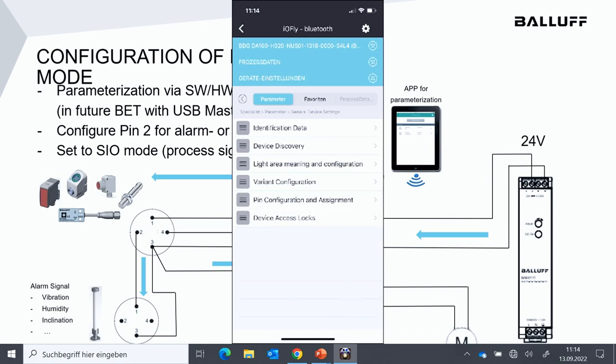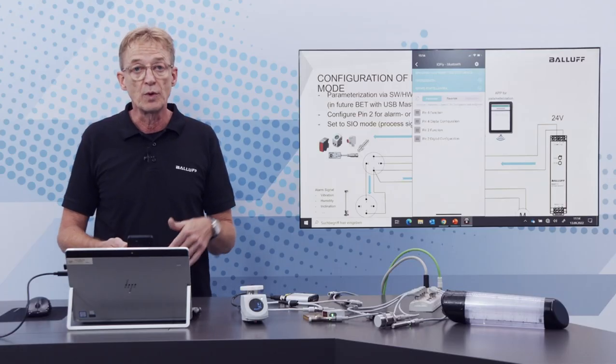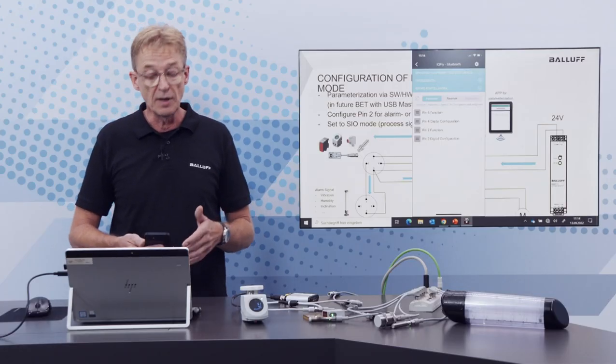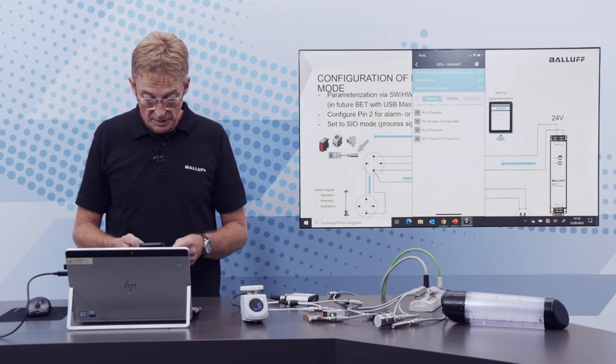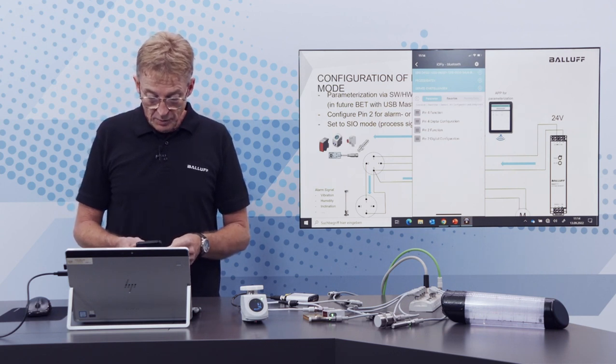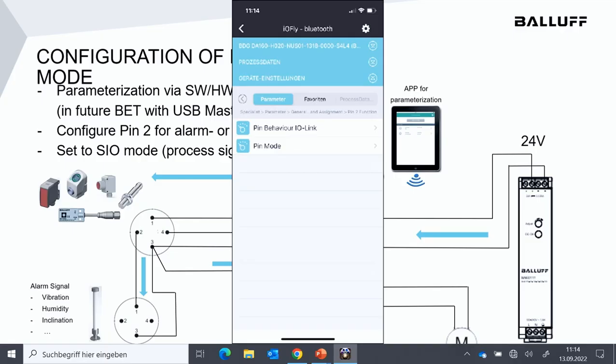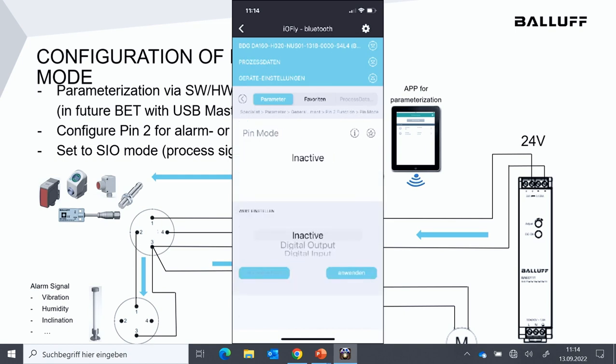And we have to go to the pin configuration. And here we can select what kind of information we want to transport to pin number 2 or maybe to pin number 4. So we will set the pin function to digital output of pin number 2.